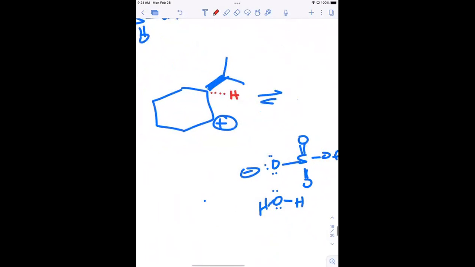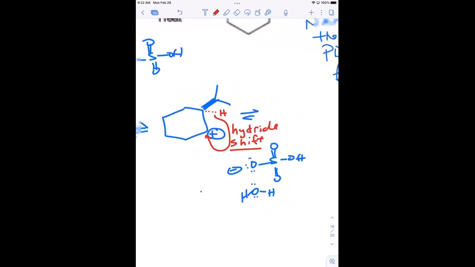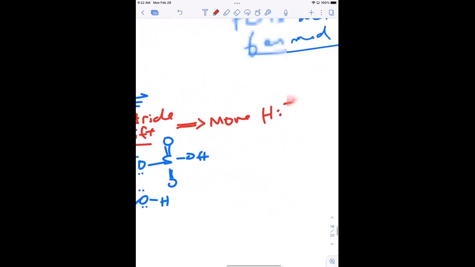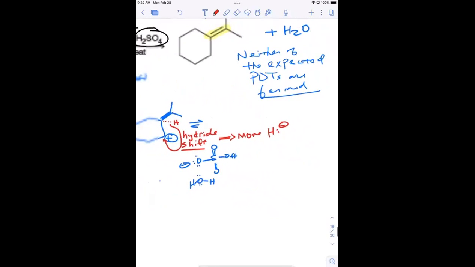So we're going to do a hydride shift. All right, so we're going to take this hydrogen and its electrons and move it to here. So we're actually moving a hydride, H plus a pair of electrons.